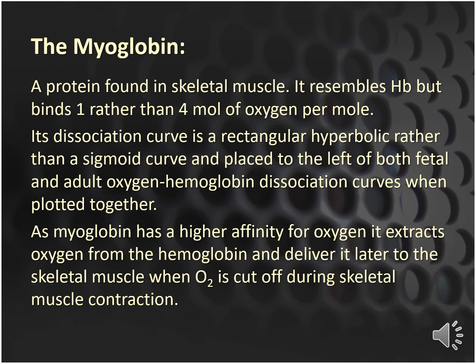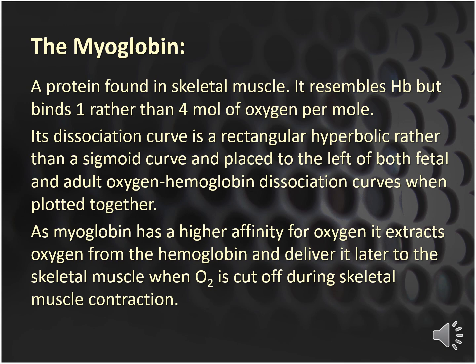Its dissociation curve is a rectangular hyperbola rather than a sigmoid curve, and is placed to the left of both fetal and adult oxygen hemoglobin dissociation curves when plotted together. As myoglobin has a higher affinity for oxygen, it extracts oxygen from the hemoglobin and delivers it later to the skeletal muscle when oxygen is cut off during skeletal muscle contraction.